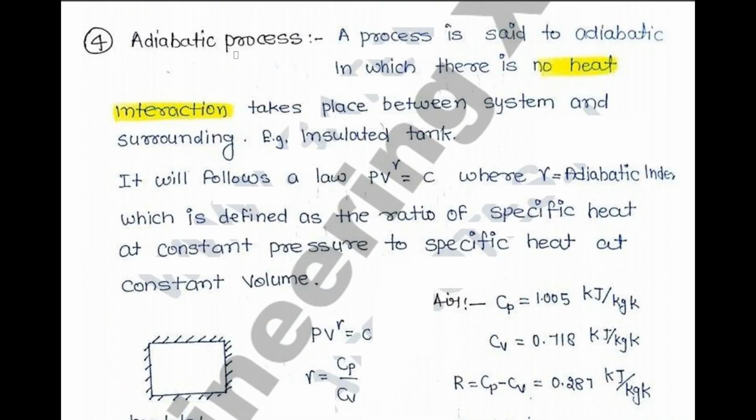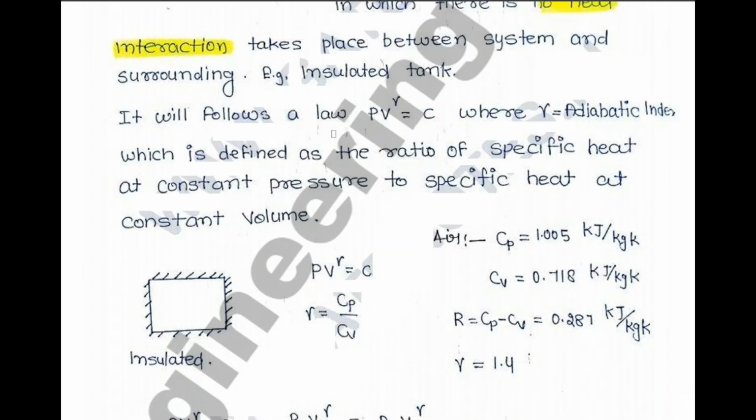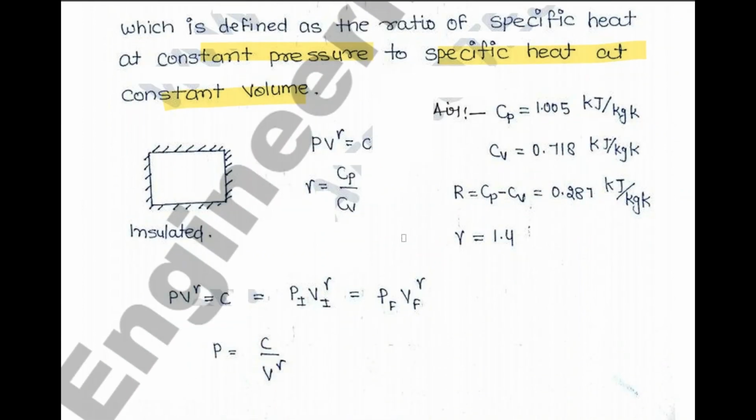The fourth one is the adiabatic process. In this process, there is no heat transfer or heat interaction between the system and the surroundings. The governing equation of this process is PV to the power gamma equals constant. Gamma is the adiabatic index, the ratio of specific heat at constant pressure to specific heat at constant volume.